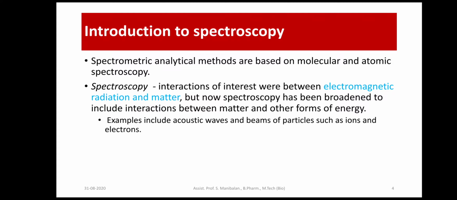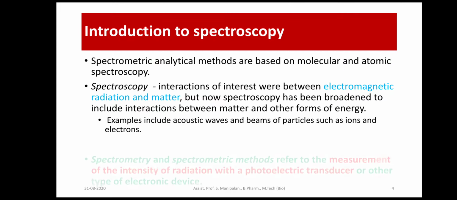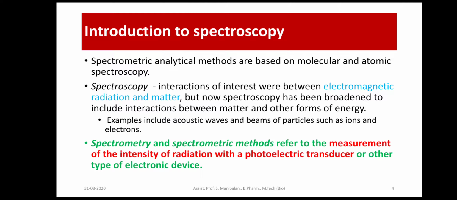Spectroscopy means we are going to measure the intensity of light which is passed through the sample, right? That is called IT, intensity of transmitted light. By this way we can conclude the result, right? So we can say simply that spectrometry and spectrometric methods refer to the measurement of intensity of radiation.